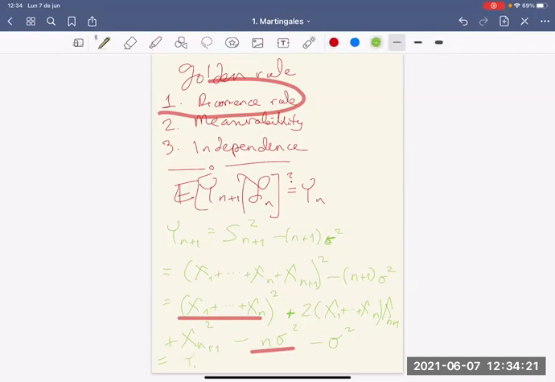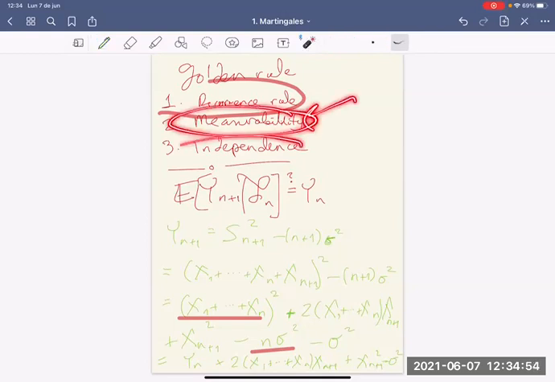So I can write Y_n, right, plus 2 and all these cross products with X_{n+1}, plus X_{n+1} squared minus sigma squared, right? And what I have to do now is to use this recurrence, in conjunction with measurability and independence, to finally prove that what I have is actually a martingale.